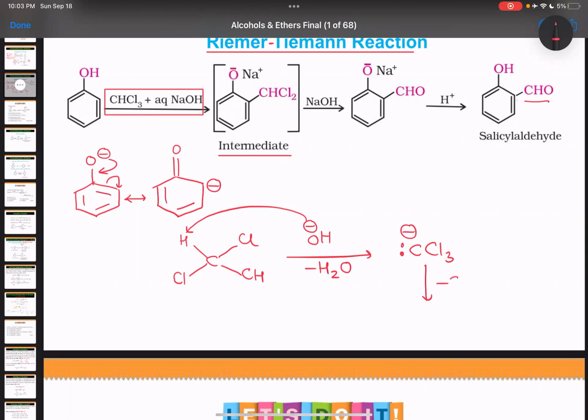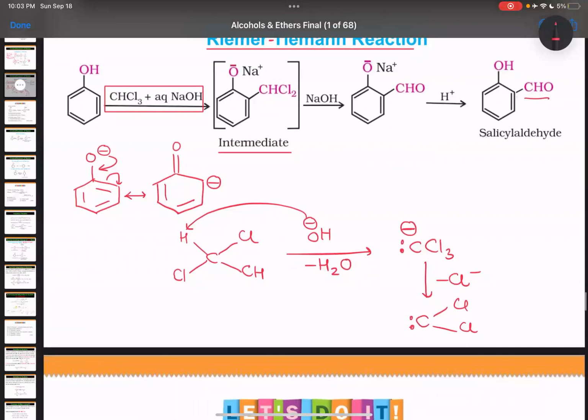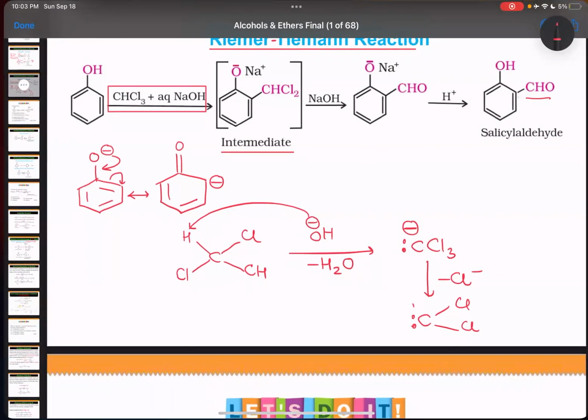Then Cl minus is a good leaving group. It comes out and breaks away from this. So what you get? There is already a minus charge, and if Cl minus comes out, there should be a plus charge, right? But actually the plus charge doesn't come because the minus already present at the position gets neutralized by the plus, and you have the neutral species.